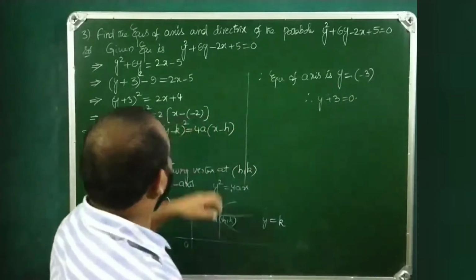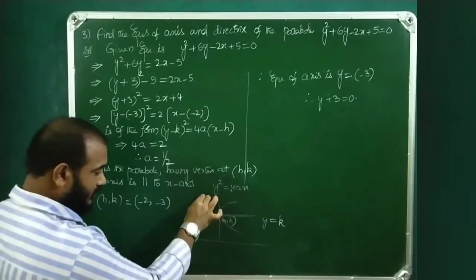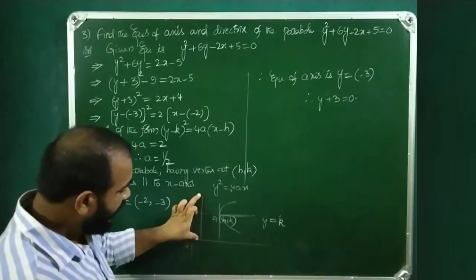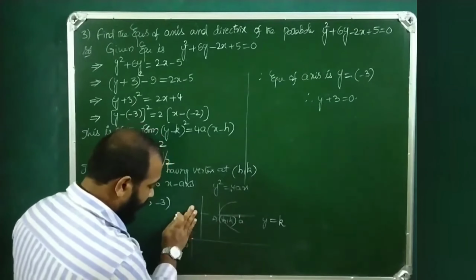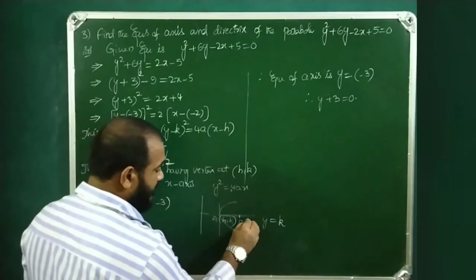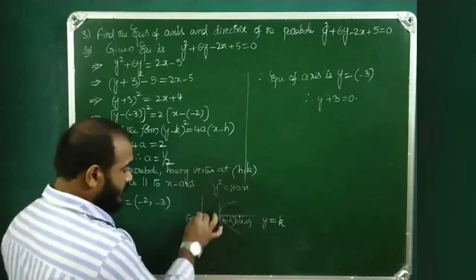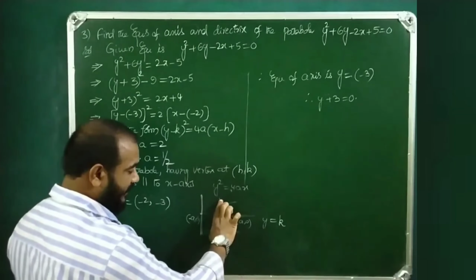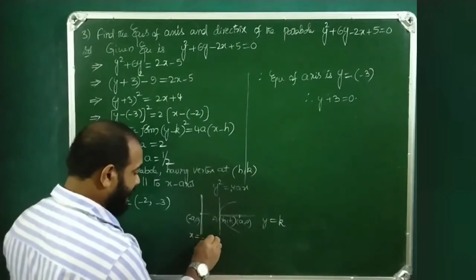And the equation of directrix. For this, what is the equation of the directrix? So this is x equals, so this is a comma 0. Actually, if it is at the origin, for y square equals 4ax, the focus is a comma 0. This is minus a comma 0. So this line is parallel to which axis? Y axis. Any line which is parallel to y axis, x equals minus a.